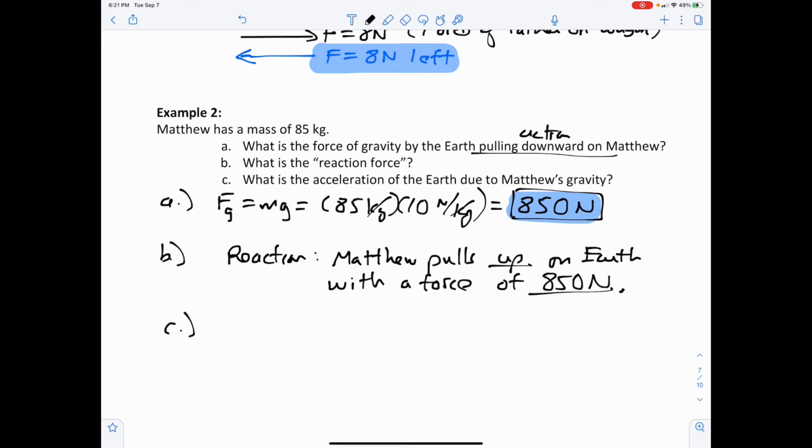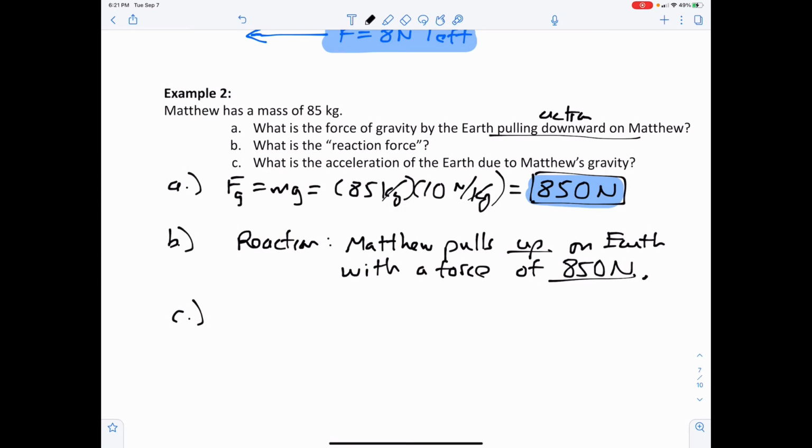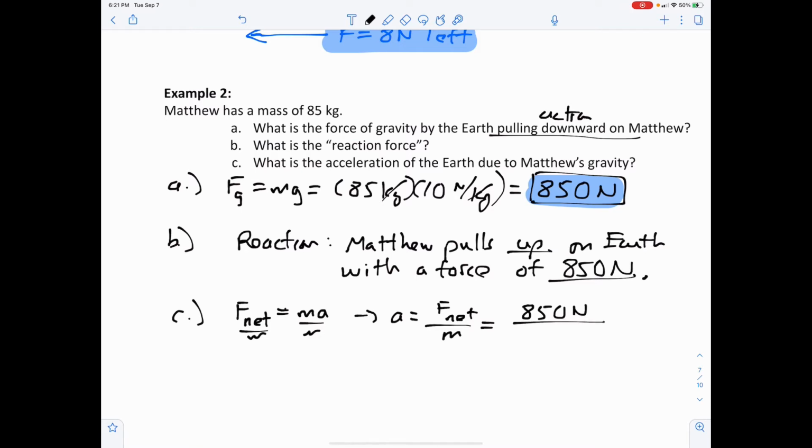Part C, what's the acceleration of the Earth due to Matthew's gravity? Well, we have net force equals ma. So divide by m, and a is equal to net force divided by mass. The net force is 850 newtons. Now the mass, well, that's going to be Earth's mass.